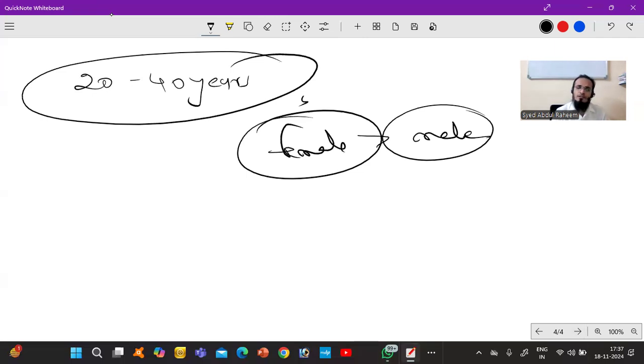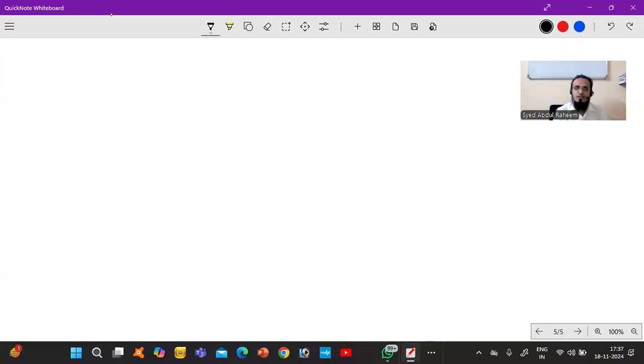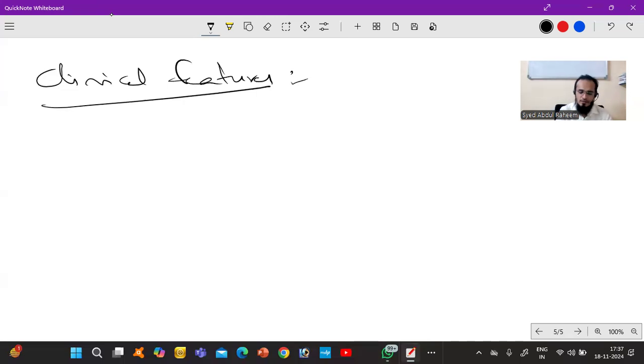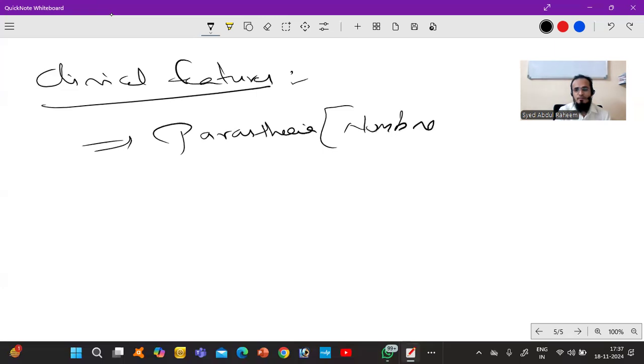Now we'll talk about the clinical features, how a patient will start this disease. So first, the patient will have paresthesia, meaning numbness and tingling in both the upper limb and lower limb.